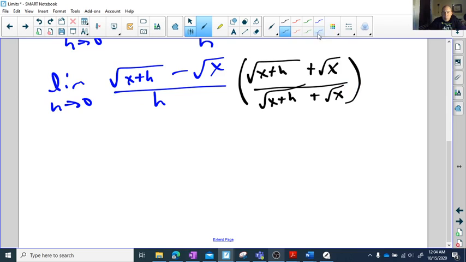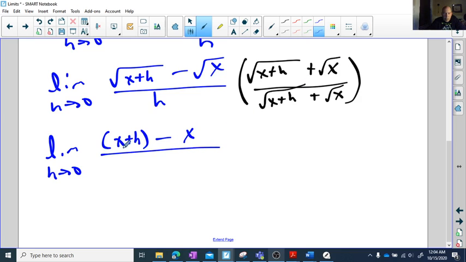And I'm going to expand that out now. So limit as h goes to 0. So these are conjugates. Root x plus h by root x plus h is x plus h. Take away the square root of x times the square root of x is x. H will stay here. Square root of x plus h plus the square root of x. Simplify the numerator.